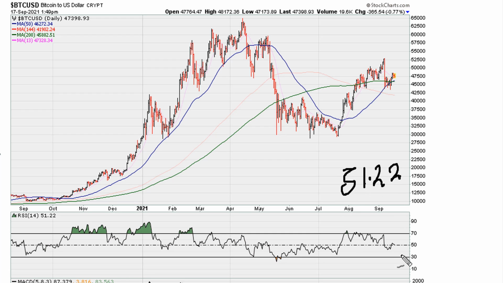So even here, we can see probability of a drop below 50, especially if the general market starts leaking lower. Then probably from an educational standpoint, even the cryptos are going to see an expansion from the slight down day here. Bitcoin is down about 0.77 for the day, and if the RSI crosses below 50 on the daily.